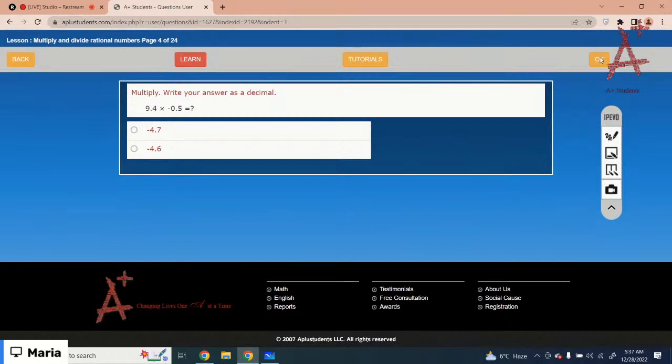It is 4.7. Got it? So the correct option is 4.7. Just select the correct option, then click on the OK button. It is negative 4.7.